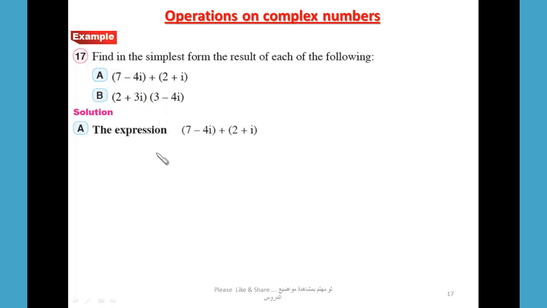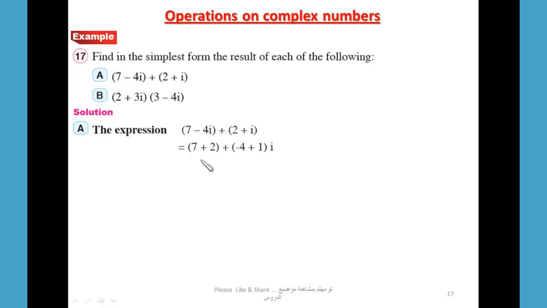Solution. The expression 7 minus 4i plus 2 plus i equals 7 plus 2. We collect the real parts, 7 plus 2, and we collect the imaginary parts, which will be negative 4 plus 1. The coefficient of i here is 1.